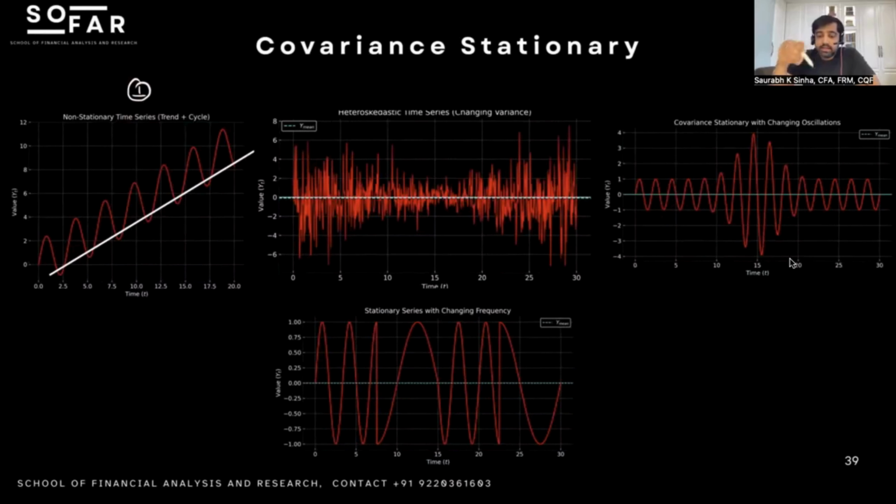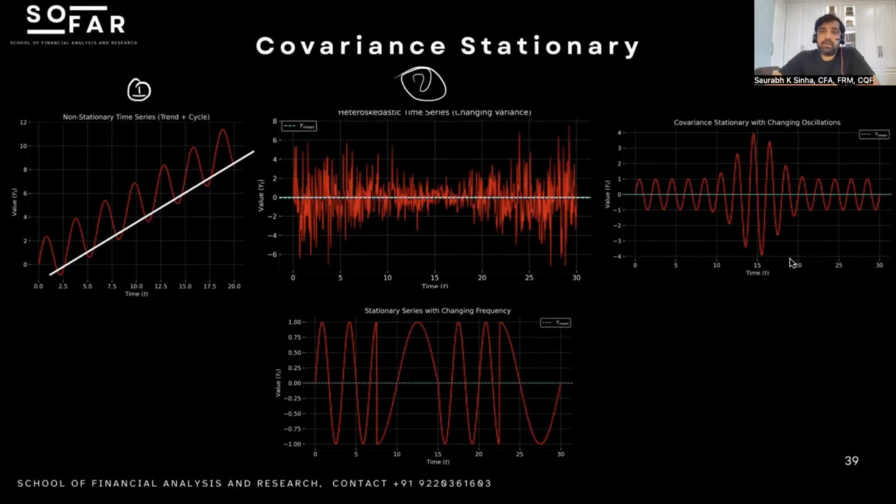Okay. Second, can you see this image? Does it follow the property of covariance stationarity? No. Why not?